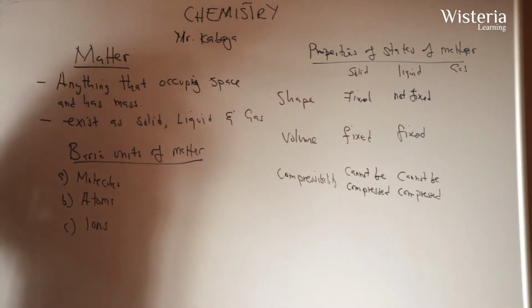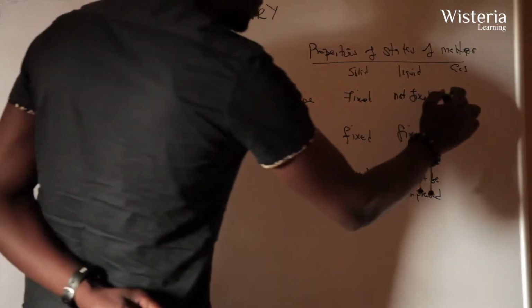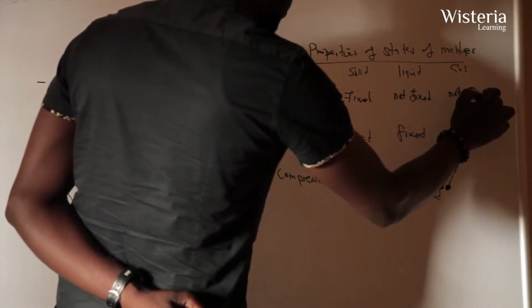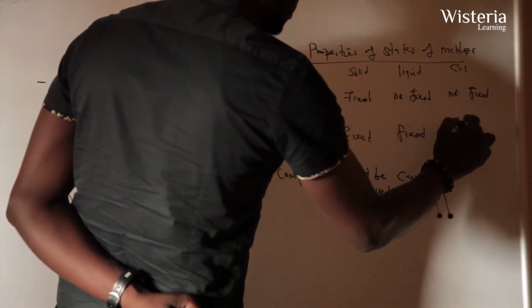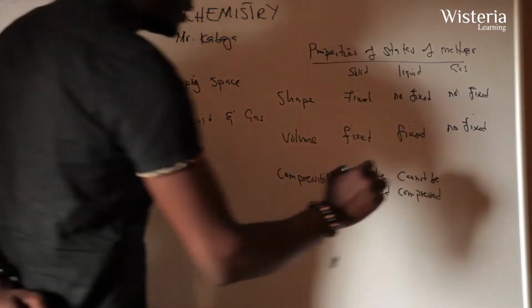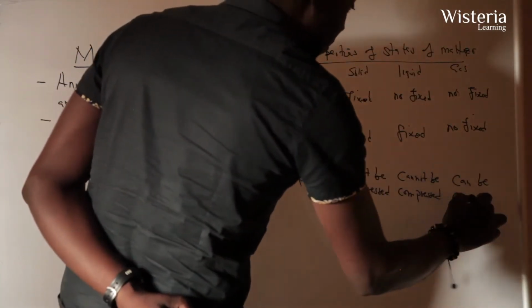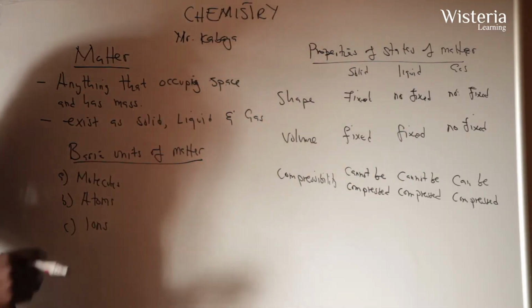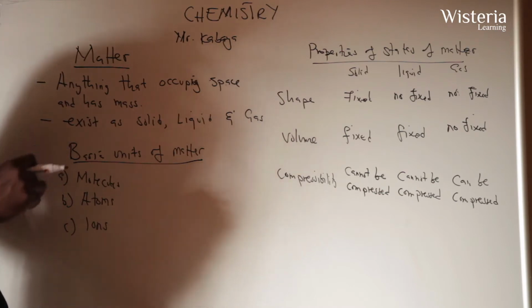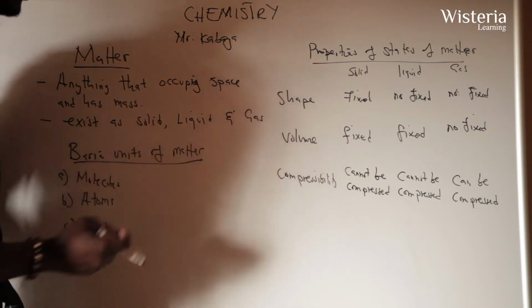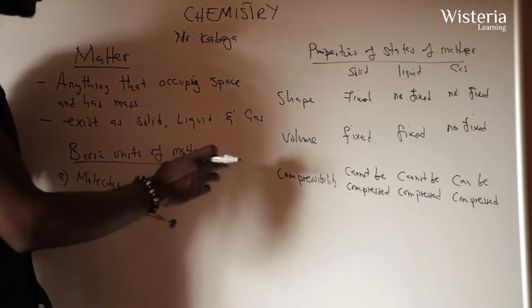Then for a gas, it has no fixed shape, no fixed volume, and it can be compressed. So for the physical properties, we talk about the shape, the volume, and whether you can compress a solid, a liquid, or a gas.